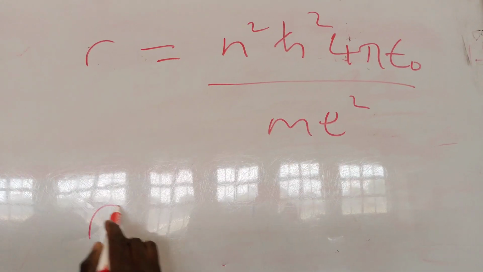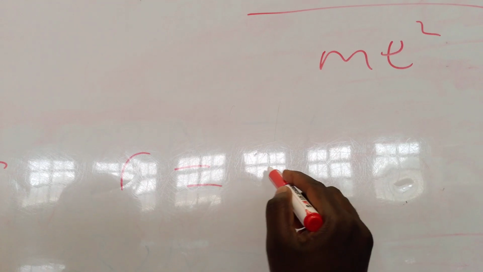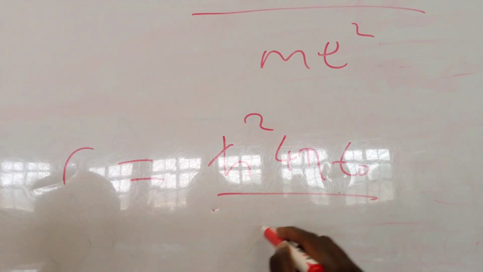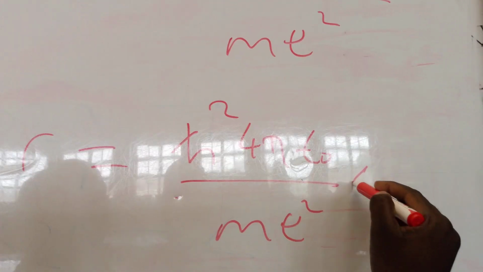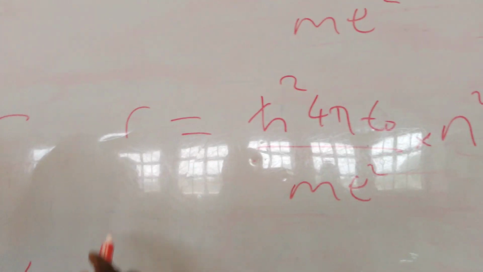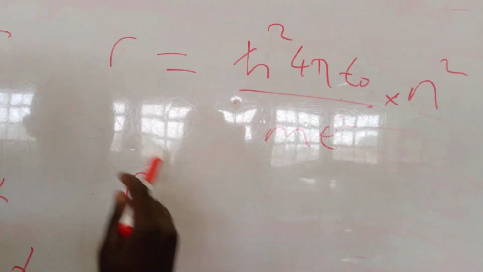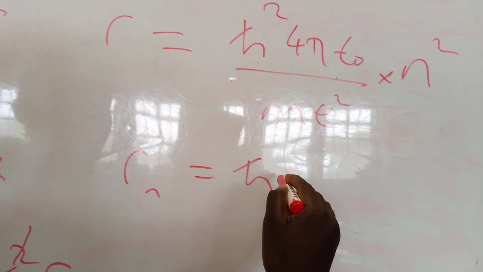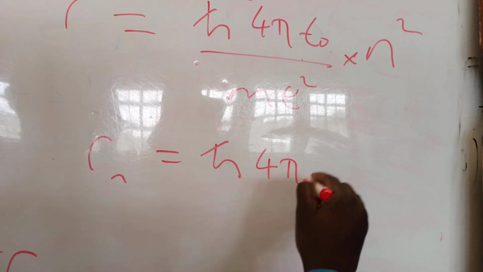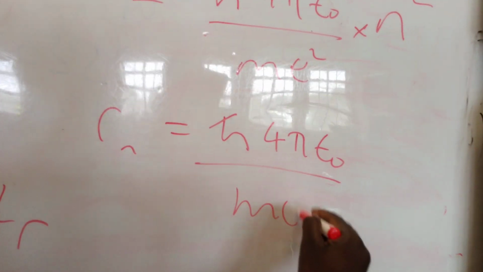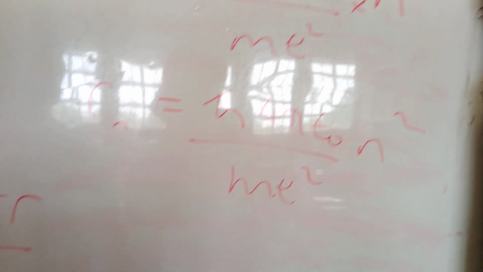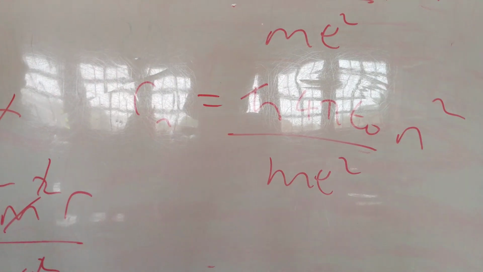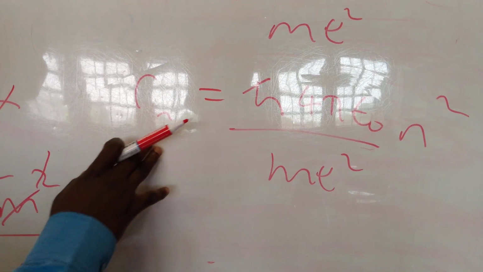So we can rearrange this equation and have h bar squared 4 pi epsilon naught over m e squared times n squared. So this is the radius at the nth orbit.